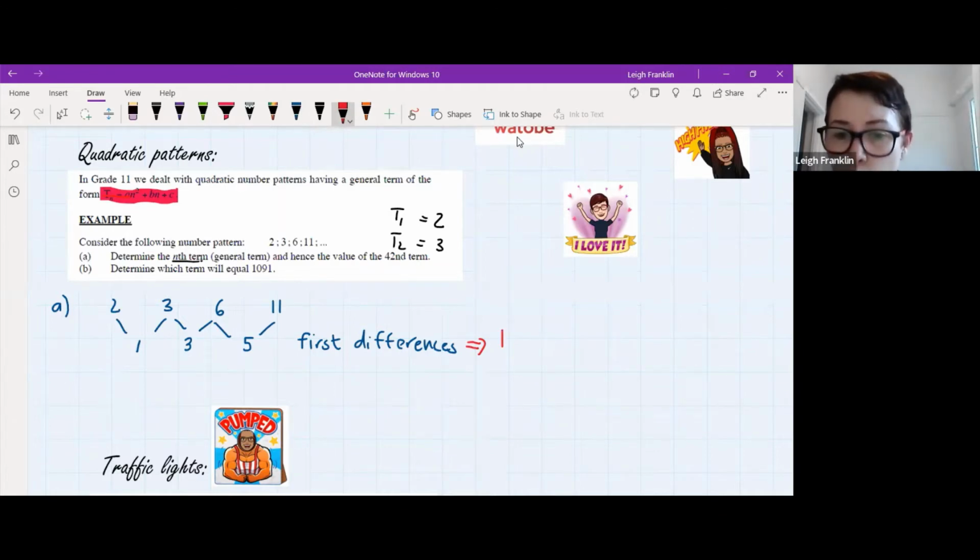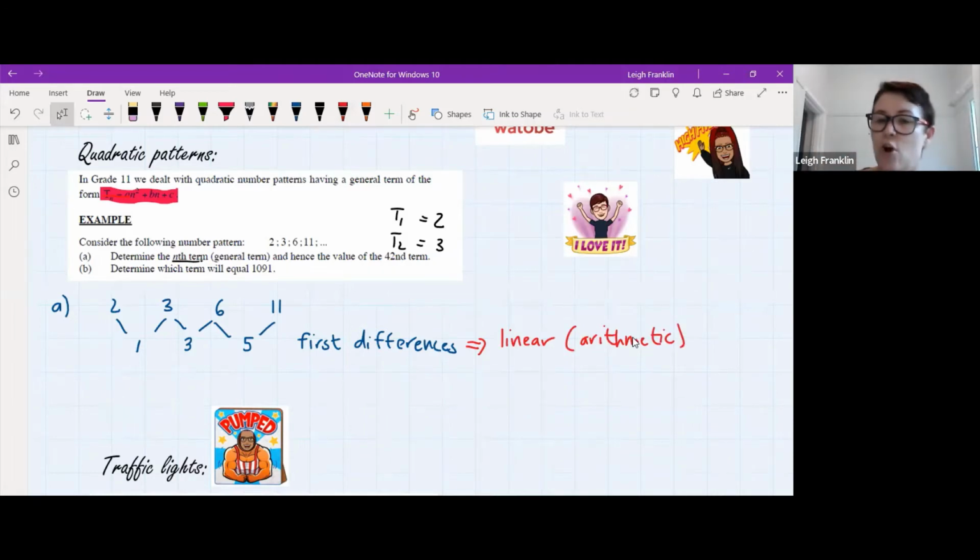Okay, so it's always linear. Or as you may have heard your teachers this year referring to it as arithmetic. So in other words, there's going to be a constant difference. All right, so can you see as we go from one term to the next, what are we adding each time? Let's ask somebody else. Nkolisi, what am I adding each time when I go from 1 to 3 to 5?